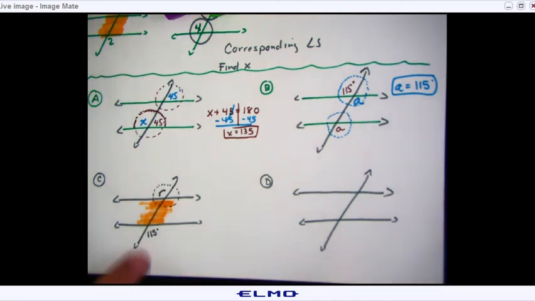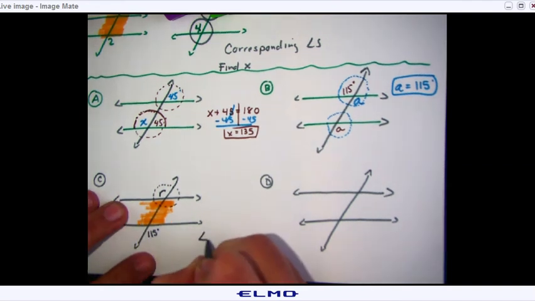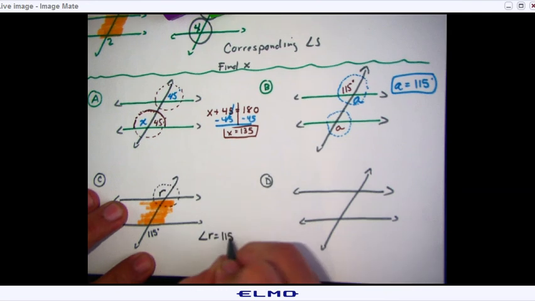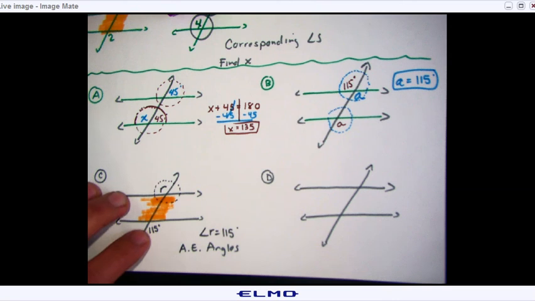And you can say, oh, look, they're alternate, so they're going to equal each other. So the measurement of angle R is 115, right? Because they are called alternate exterior angles.